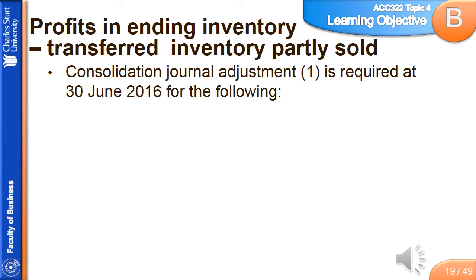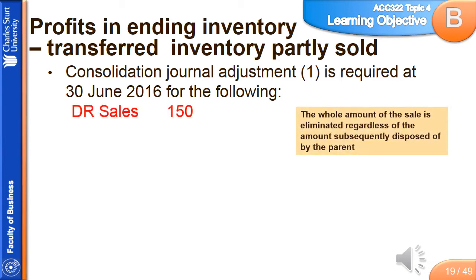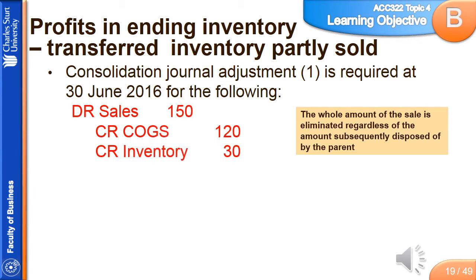We'd have a debit to sales of $150. So that hasn't changed from before, whether all the inventory is sold or none, or just a partial amount. You'll still debit the sales figure by the full intragroup transaction sales amount. However, the next two entries, we're only crediting COGS $120, and we're only crediting inventory for $30, and that's changed from the previous example. We had $100 for COGS and we had $50 for inventory.